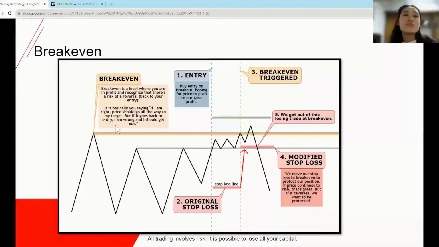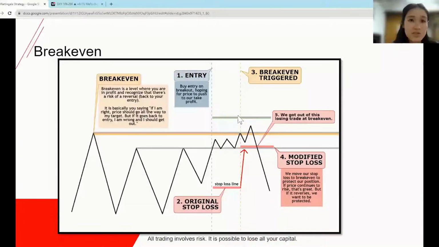Firstly, we have our entry. In this example, we have our entry at this double swing high resistance. Then price fluctuates in between, and it hits this level here, and it reverses and continues upwards towards our take profit.